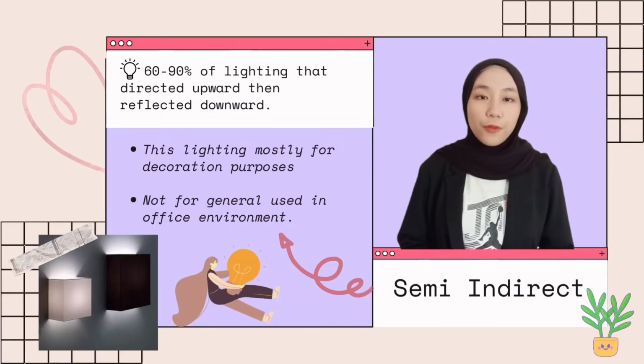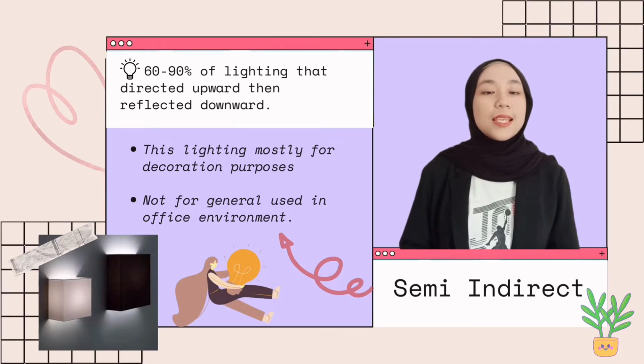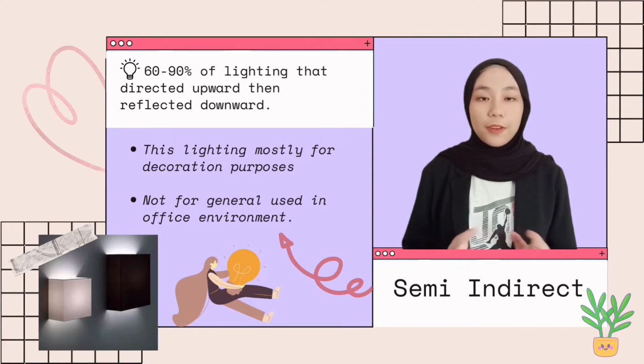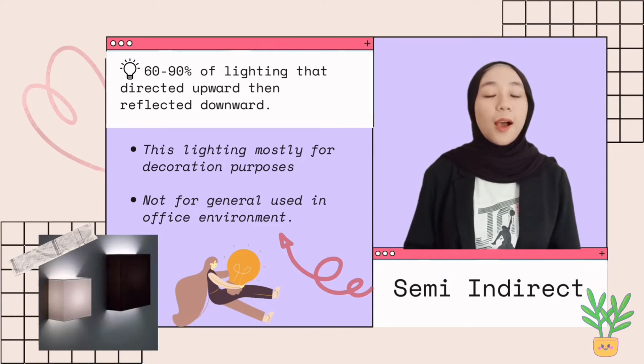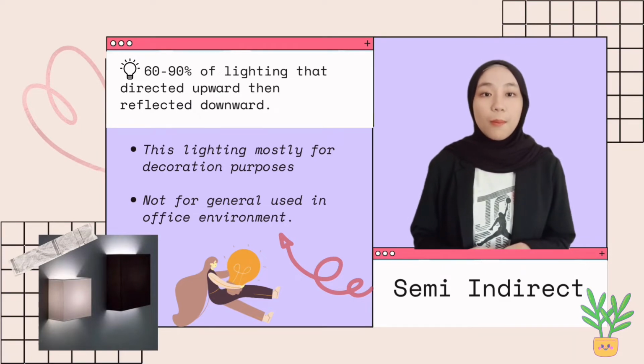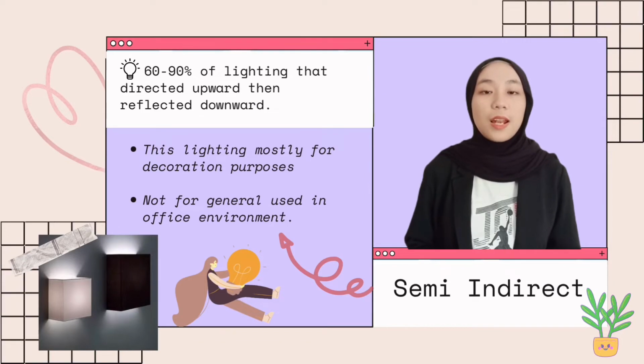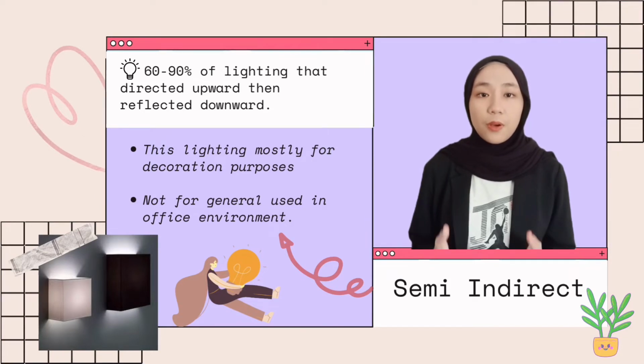After that, we move on to the next type of lighting, which is semi-indirect lighting. Semi-indirect lighting is a lighting system in which 60 to 90% of the illumination is directed upward and then reflected downward. This lighting is mostly used for decoration purposes and not for general lighting in an office because the scheme of light is not the same as other types of lighting.